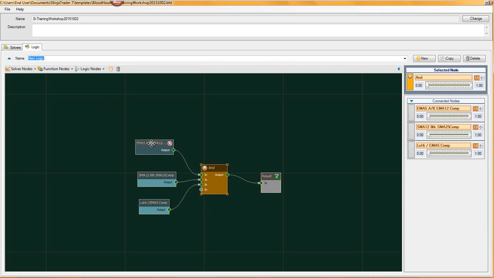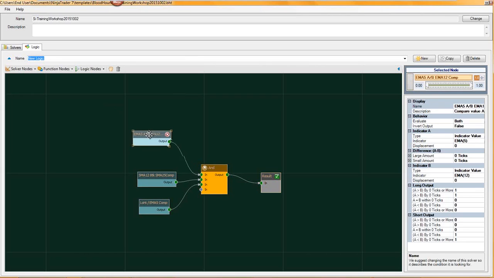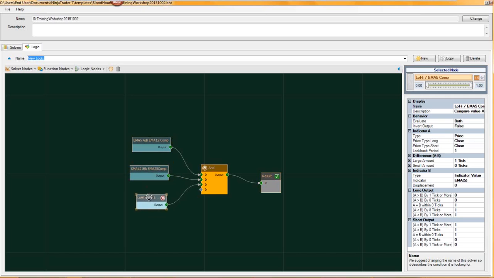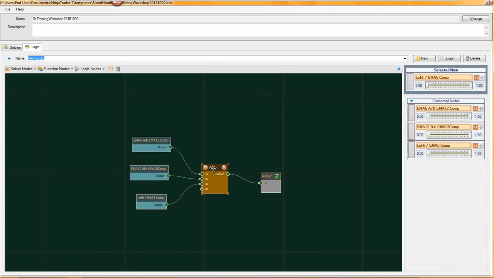You have a piece of code. Think of this as a subroutine doing some calculations, this is another subroutine and another subroutine, and then those subroutines get fed into another piece of software code to do some processing and make some decision making.